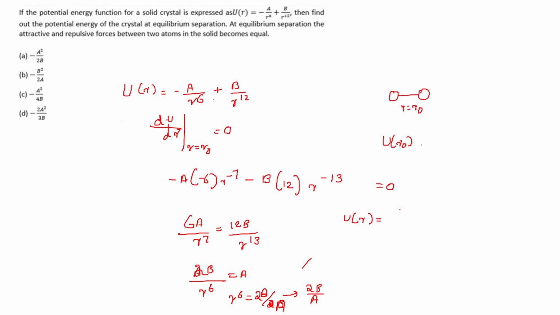Then r will be minus a divided by 2b by a, plus b divided by 2b by a.